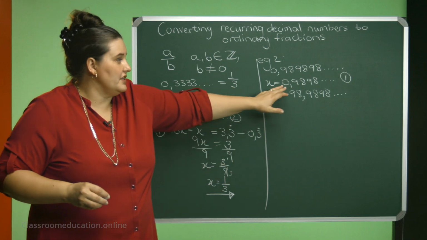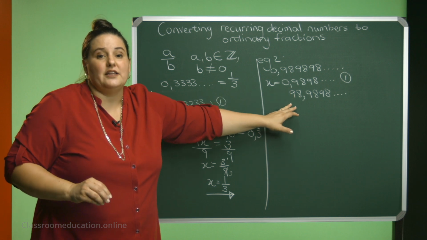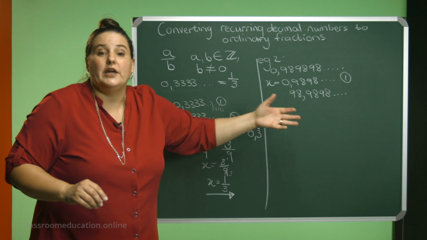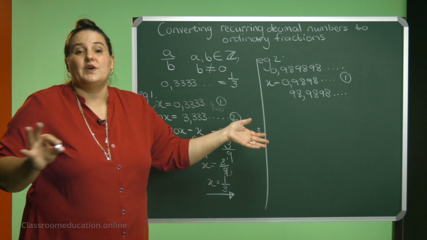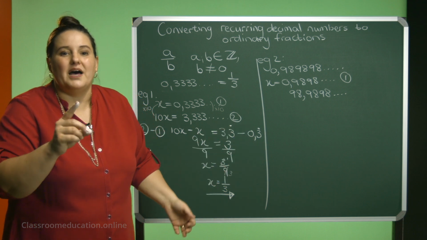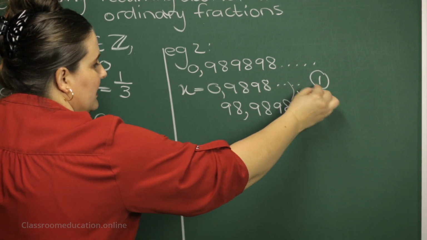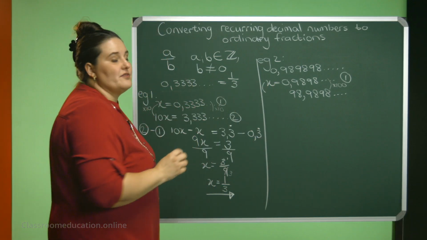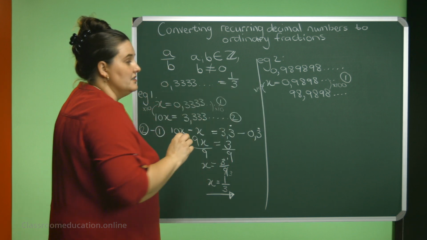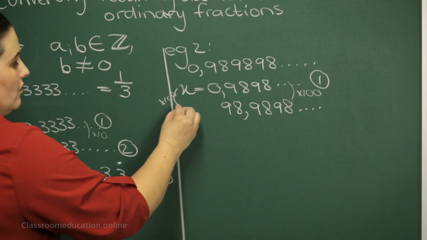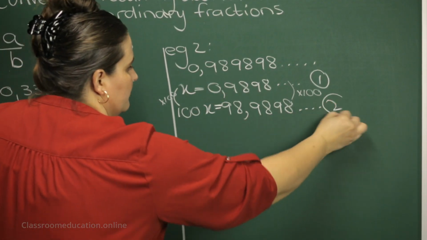So to change the 0,989898 to become 98,989898, what did you do? I've moved the comma 2 places, or you can say I've multiplied by 100. So I've multiplied this by 100, and now I need to do it with my x part as well. I'm going to multiply by 100. So 100 times x will be 100x. And this is equation 2.